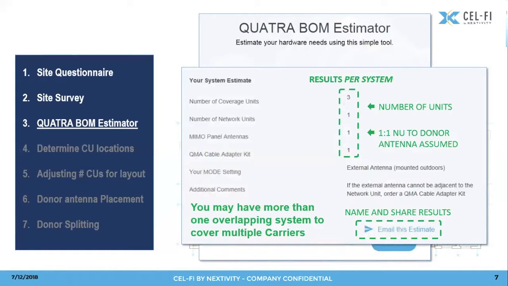If you wanted to supply a system for all 4 operators within the building, you would use 2 Quatra 2000s in parallel, which means that if this tool says 3 coverage units, but you're going to be using a 2000 and you want to put in 2 systems in parallel, you're actually going to use 6. And I'll show you some examples of that. But either way, this gives you an idea of your coverage, how many coverage unit locations need to have equipment.